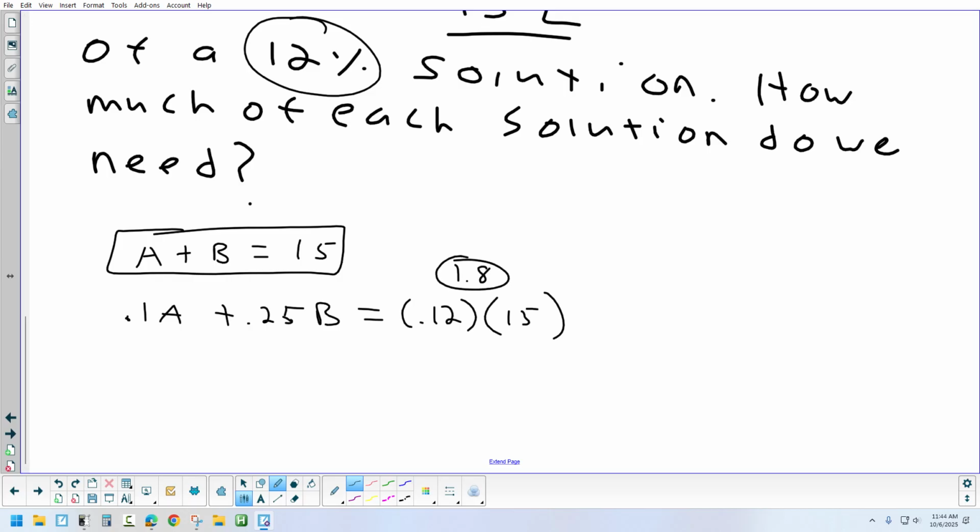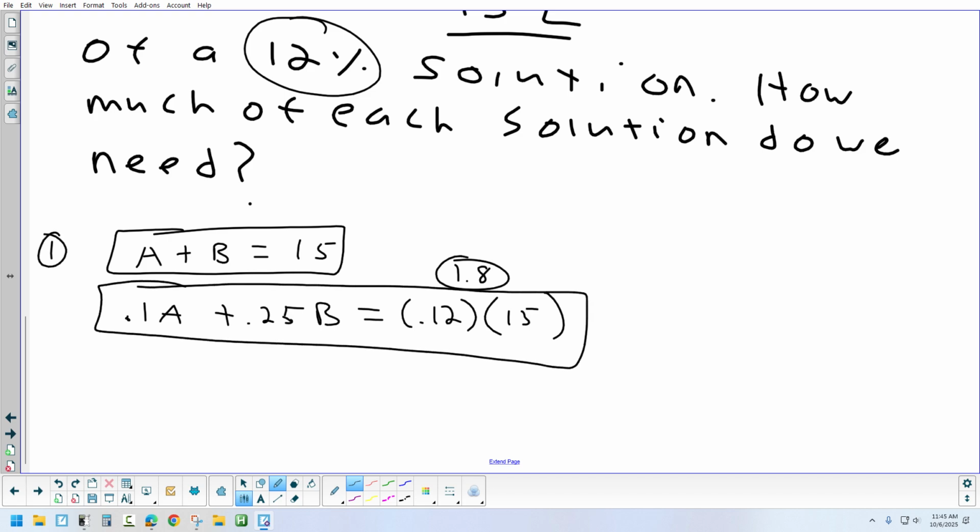When you multiply 15 times 0.12, you get 1.8. I'm not going to rewrite the whole equation just for that step, but that's what it comes out to. So here's your two equations. Two equations, two variables. That's a system of equations.